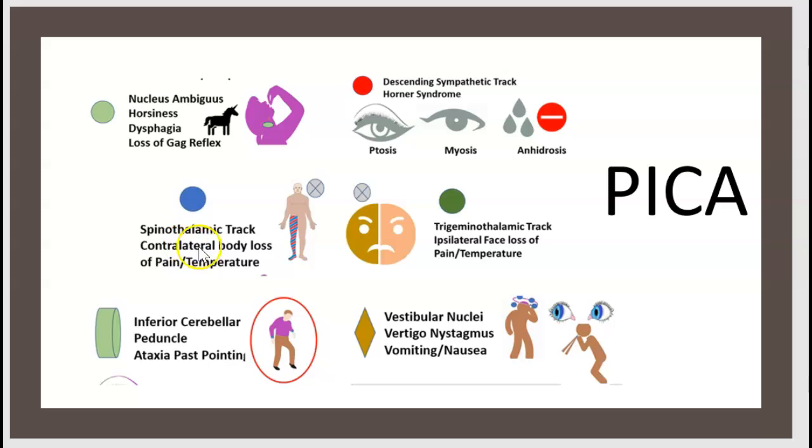Spinothalamic tract: contralateral body loss of pain and temperature. Inferior cerebellar peduncle: ataxia. Vestibular nuclei: vertigo, nystagmus. Trigeminal tract: ipsilateral face pain.